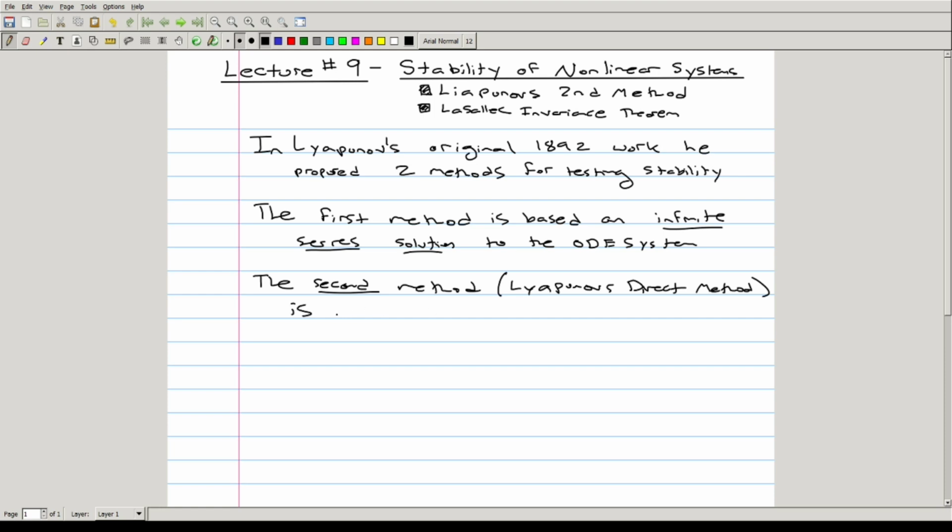The goal is to find a helper function called a Lyapunov function.